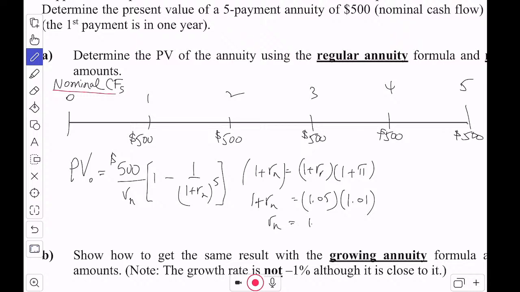So this is not so hard. I need to inflate the real rate and subtract 1. Okay, the nominal rate is 0.0605.